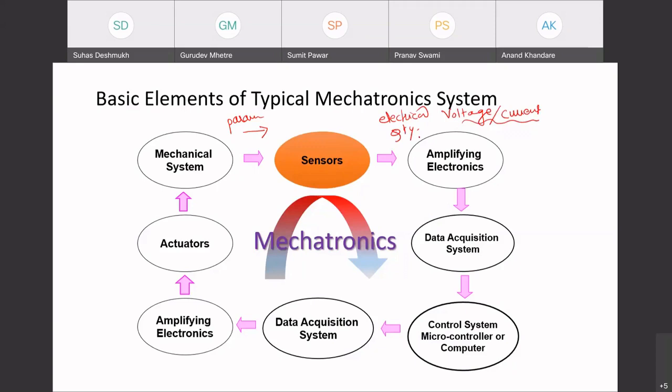But sometimes, if I look at a strain gauge type of sensor, what we do is give an input that will change the resistance, and that change in resistance is again converted into a voltage. So that is also something we do. But ultimately, you want the information of this particular parameter in terms of either voltage or current, because voltage is sensed by your microcontroller, and current is also needed.